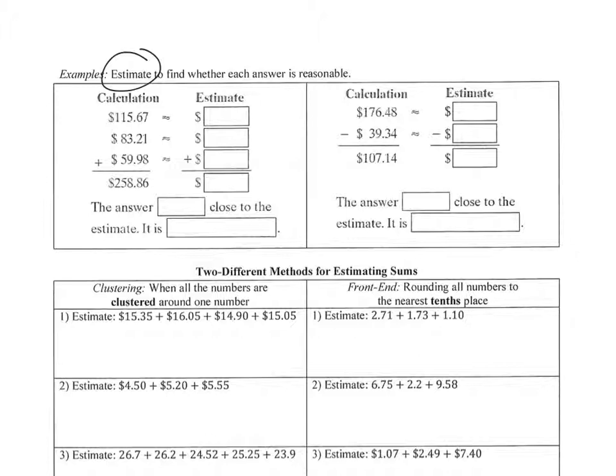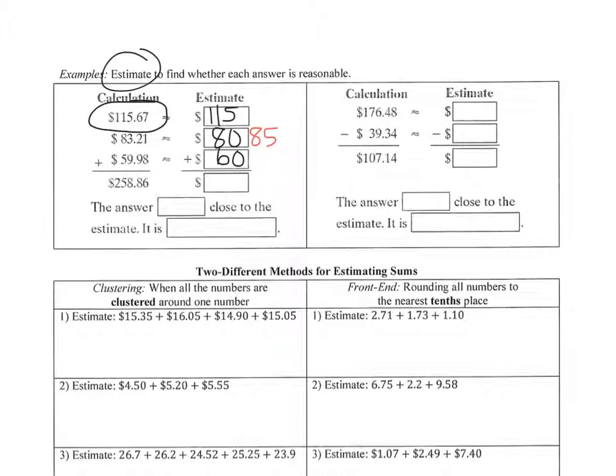So to estimate, what you do is round. 115.67 is pretty close to 115. I used 115 instead of 116 because 115 is an easier number to work with. And then 83 is pretty close to 80, or you could also say 85. And 59.98 is pretty close to 60.